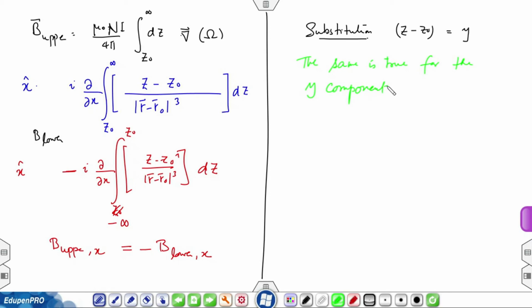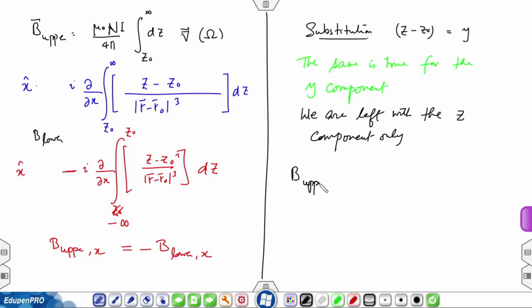So, we are left only with the z component, and what we have then, B upper z component is equal to mu0 n I over 4 pi, d by dz0, integration z0 to infinity dz (z minus z0) over |r minus r0| cubed.